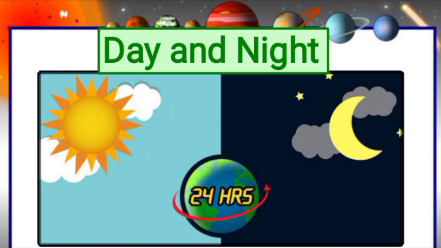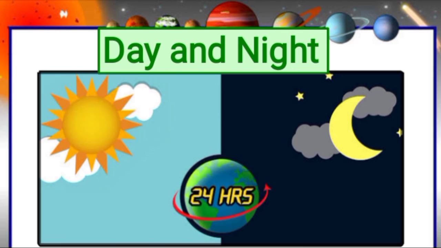Now, how are day and night caused? The change between day and night is caused by the rotation of the earth on its axis. But if the earth did not rotate as it does, the day and night cycle would be very different or possibly even non-existent.